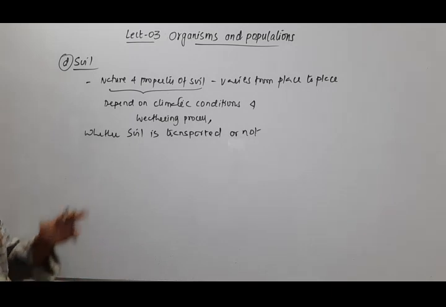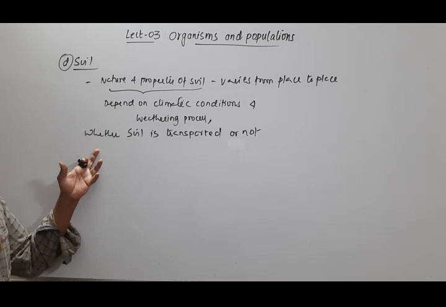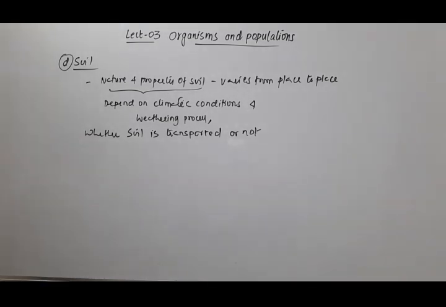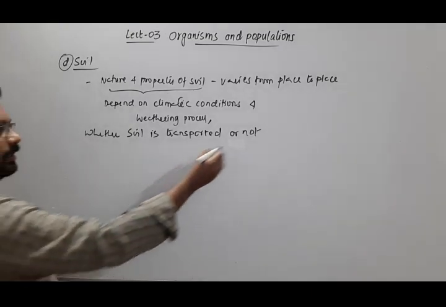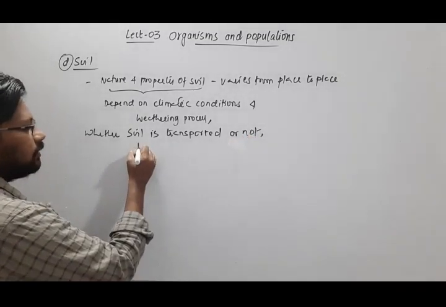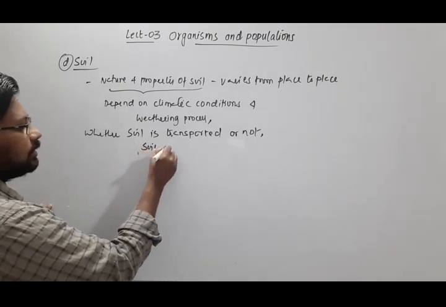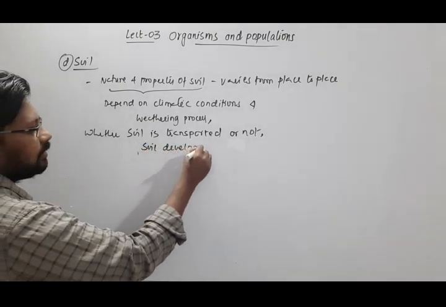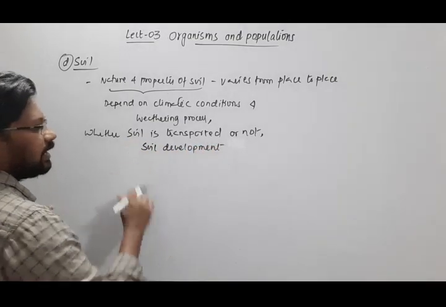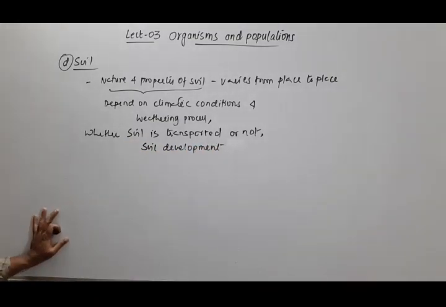Whether the soil is transported from one place to another, or how the soil development has occurred, all these are also responsible for the nature and property of the soil.